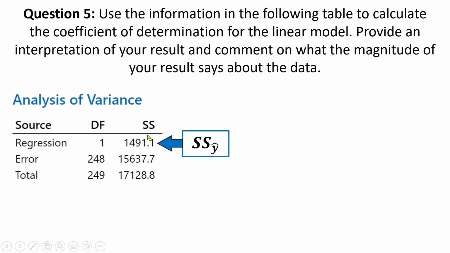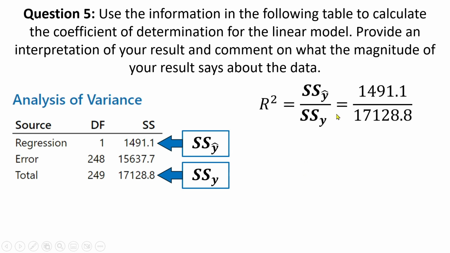The fitted values have some variation as measured by this quantity. The data itself, the y values, have some amount of variation. And r squared is simply the proportion of the total variation in your y values that is taken up by the fitted values. In this case, as we saw earlier from the Minitab output, it's about 8.71%.